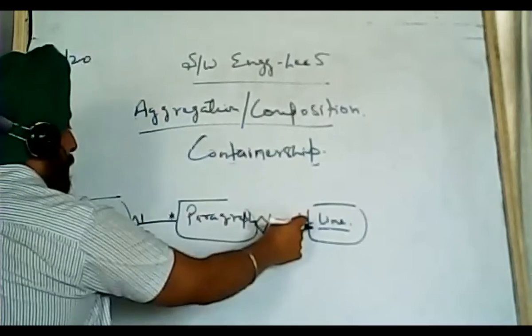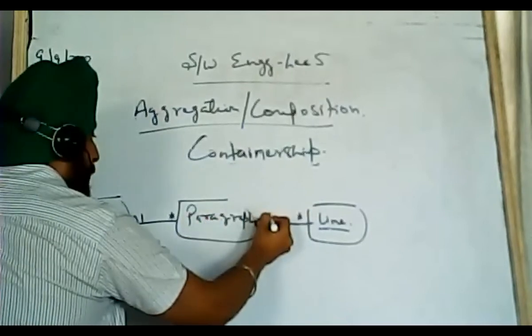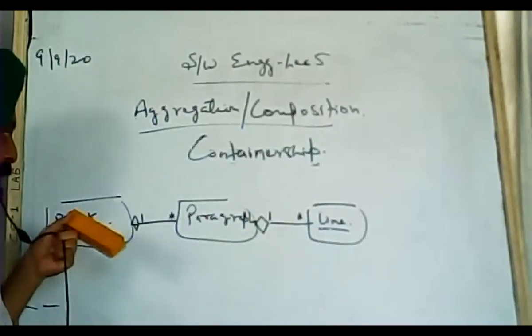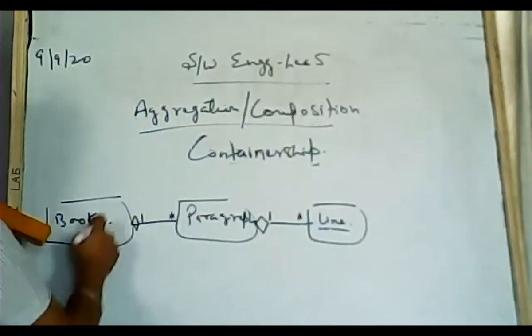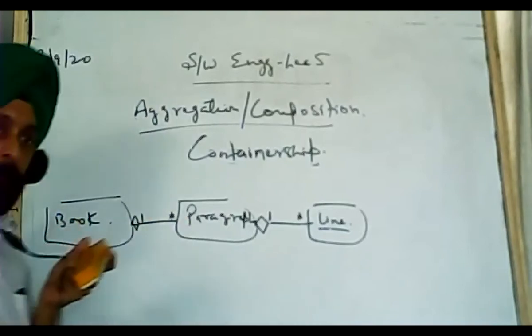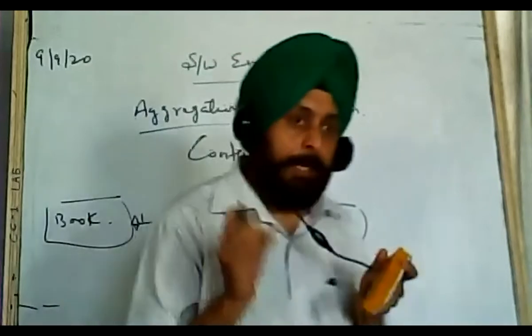So many lines are contained in one paragraph. So one has been written here. And this diamond box shows that containership. And many paragraphs can be contained in one book. In between you can have a chapter also. It is up to you. So this is another type of relationship, that is the aggregation.